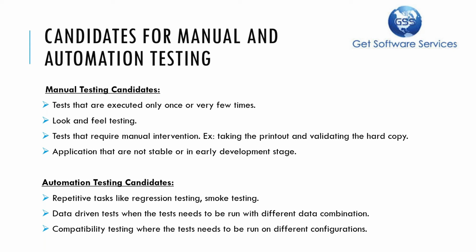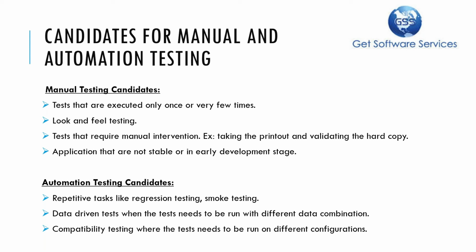Candidates for automation testing, the thumb rule is repetitive tasks. If there is something that you're doing repeatedly, identify it and automate. Data driven test, again a repeated task. If you have to run the same test multiple times with different data, if I have to test login with 10 sets of user ID and password, here again it's a repeated task.